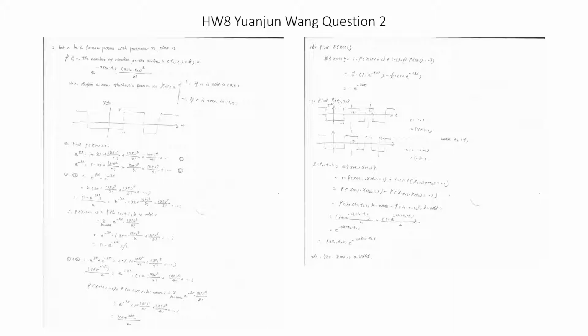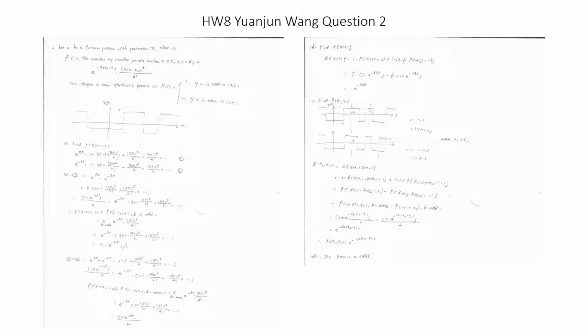The question is now asking us to find the expected value of X of t. We know that E of X of t is equal to 1 times the probability that X of t equals 1, plus negative 1 times the probability that X of t equals negative 1.